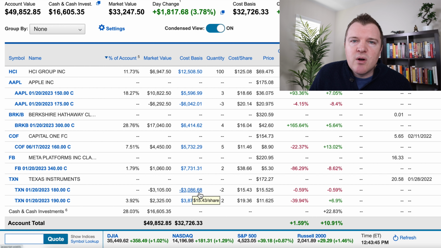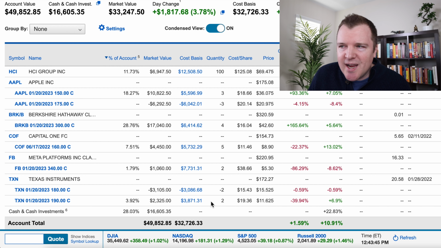I then sold calls for 3,000. So what is my max loss on this trade if by January 2023 Texas Instruments stays below 180? It's the difference between these two cost bases. So the most I can lose now on this trade is $800 if Texas Instruments never goes back above 180.